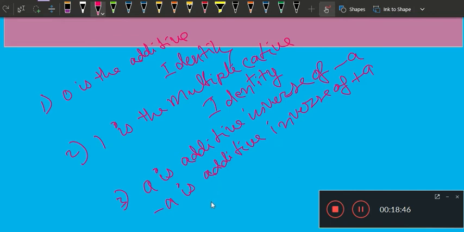For example, minus 2 is the additive inverse of plus 2, and plus 2 is the additive inverse of minus 2.